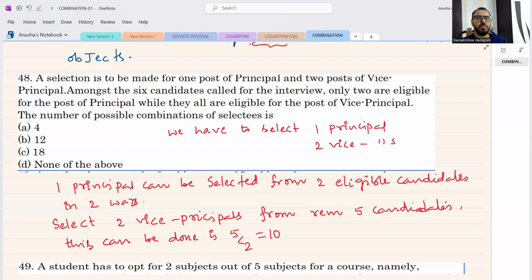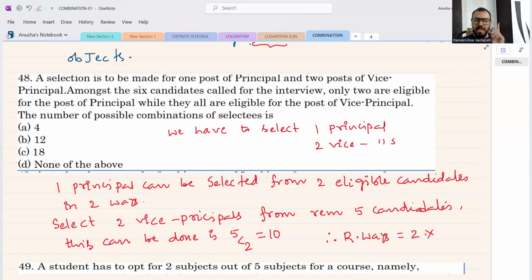Here it is given that for the post of principal only 2 are eligible, while all are eligible for the post of vice principal. So, therefore, the required number of ways equals: principal can be selected in 2 ways, and the process is not yet over.